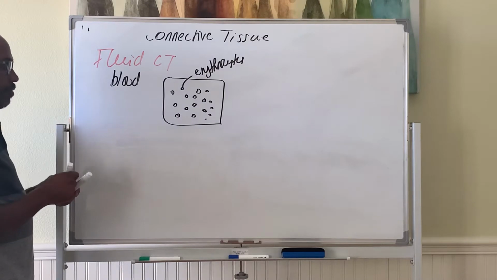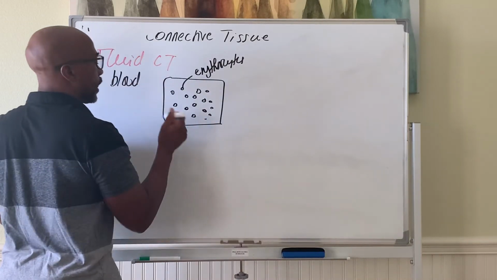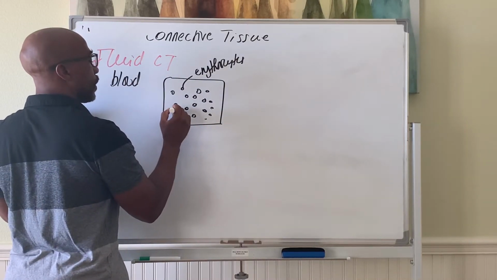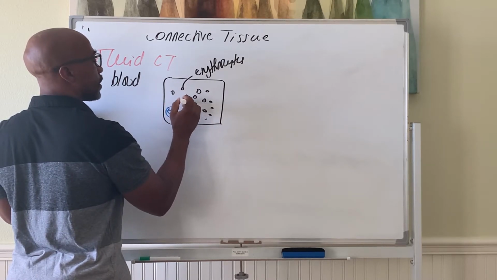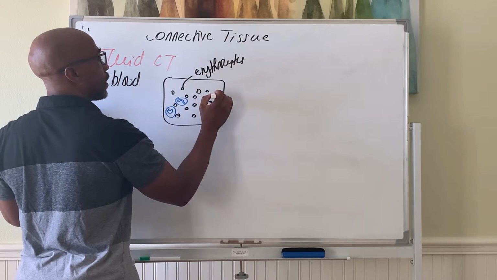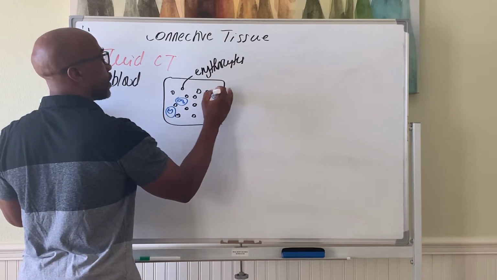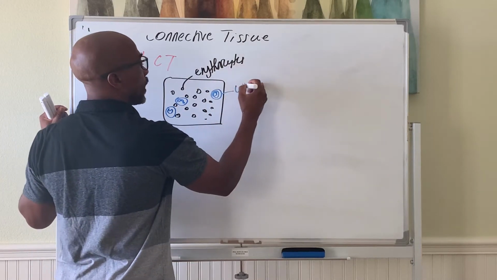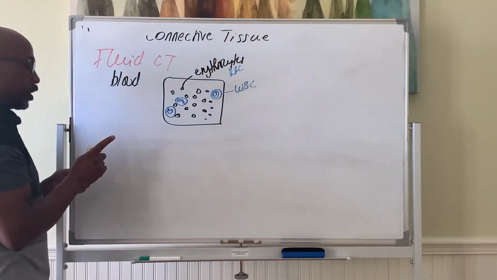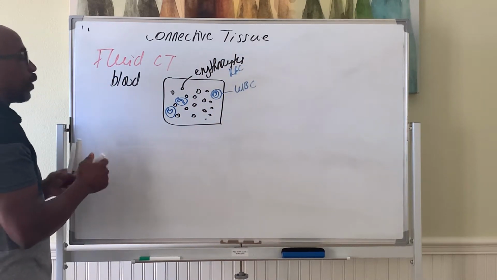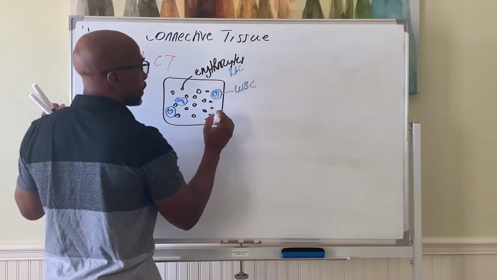And then you have some bigger cells in there that have a nucleus, like this. These are your white blood cells. These are your RBCs, these are white blood cells, the mixture. And then the fluid part of the blood is your plasma.